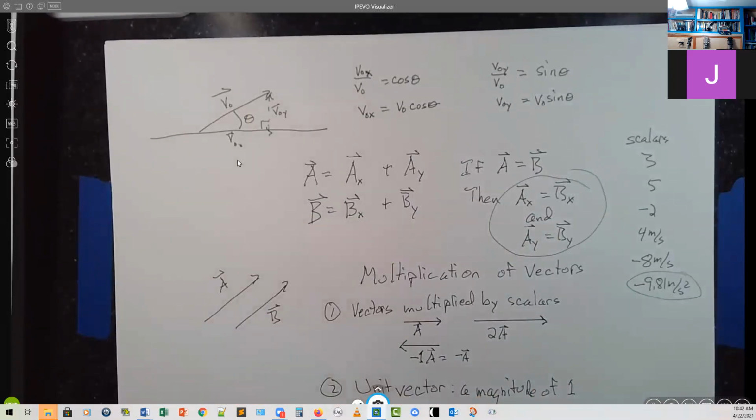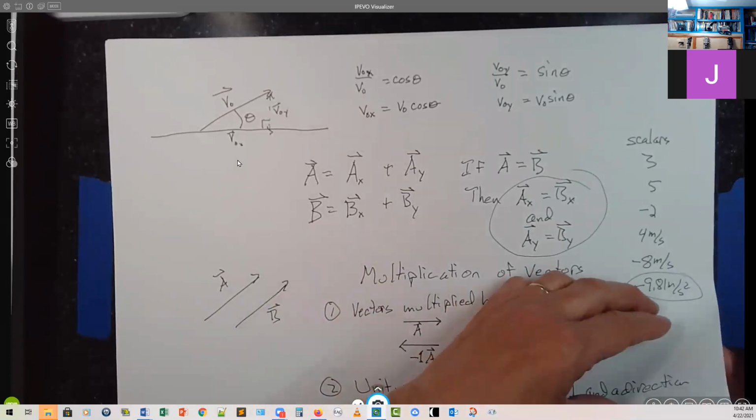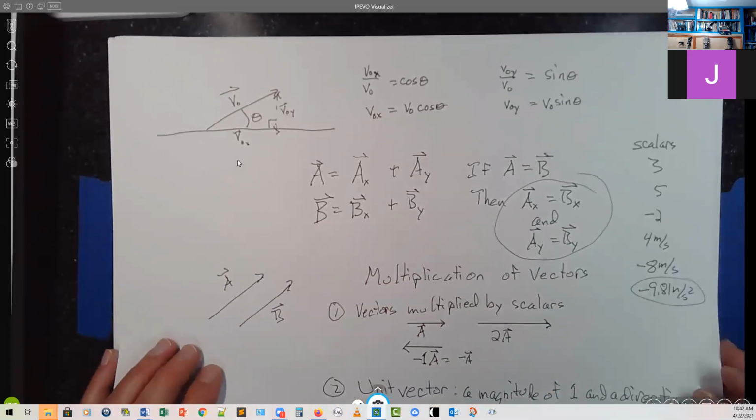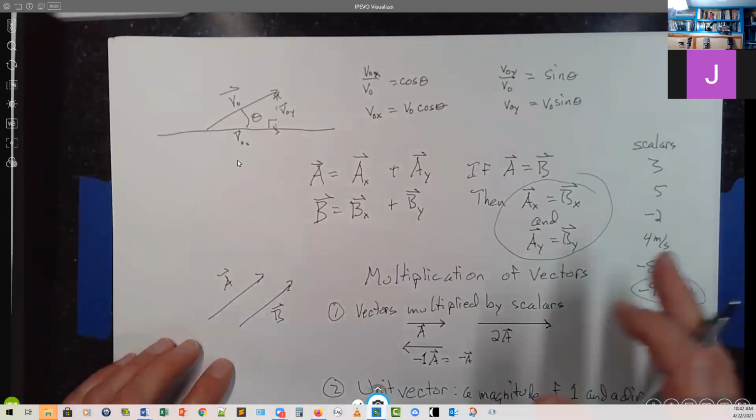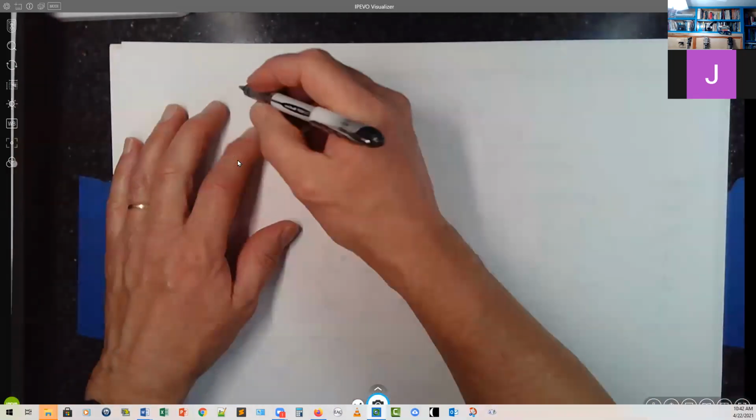We call it a unit vector because it has 1 unit of magnitude and a direction. That's its only property. So here's some more abstract stuff. Once we start using these things, we're quickly going to just go beyond here and not worry about it anymore. Now, here's some things about unit vectors.